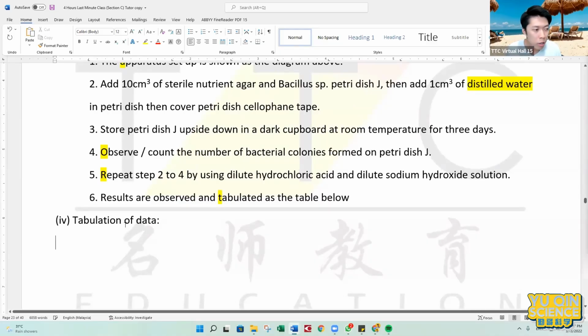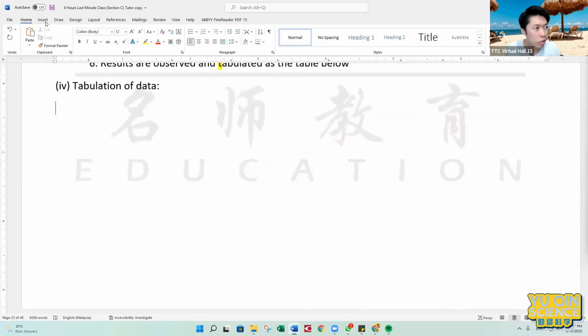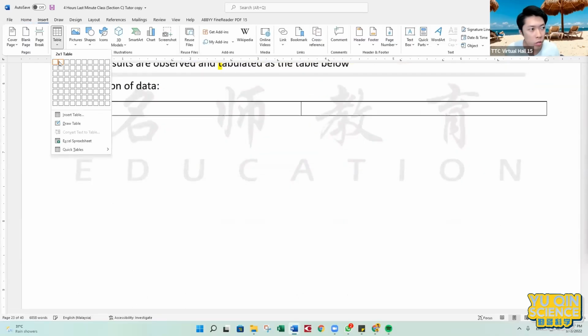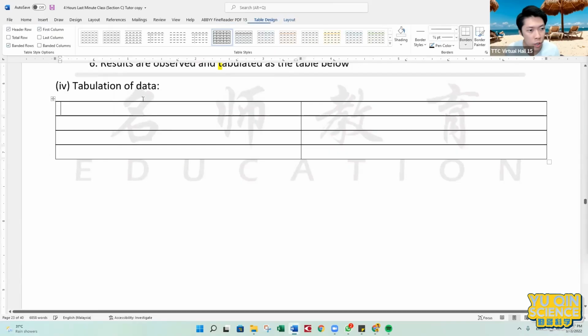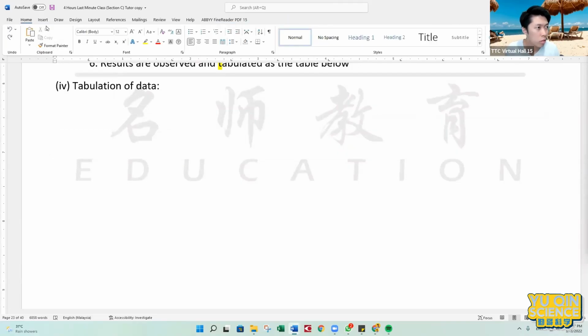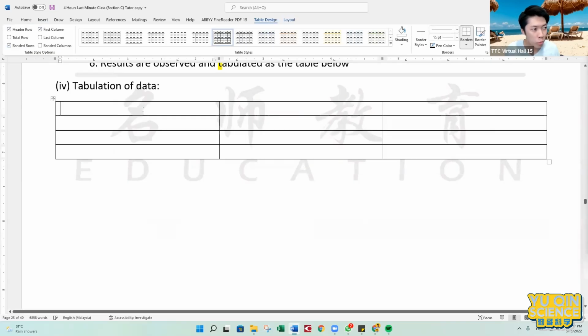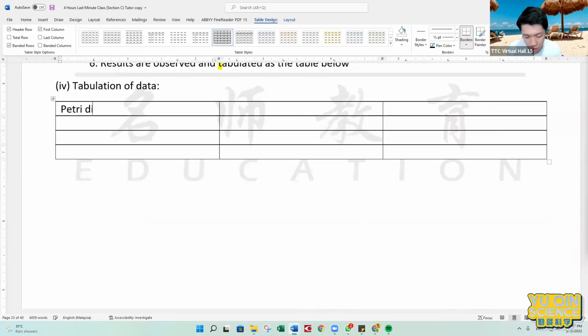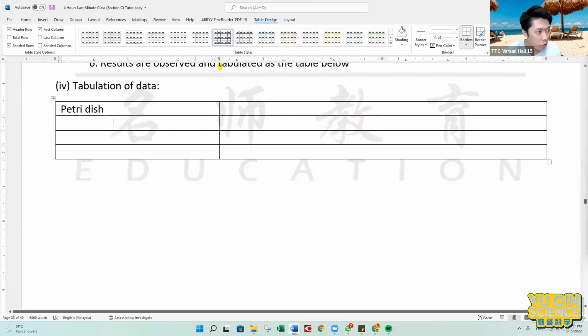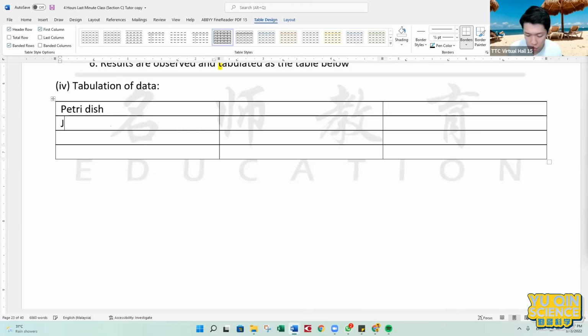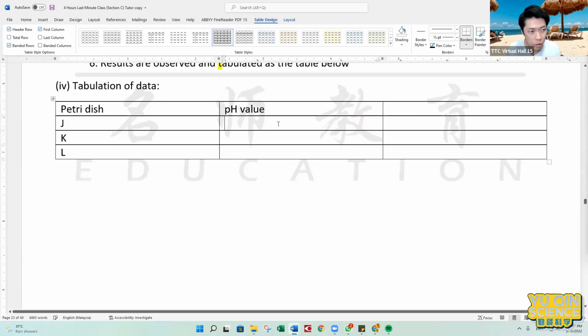Okay, draw a table. How to draw? You have 3 types, right? So 4 times 3. You can all draw this with me together. Petri dish: J, K, and L. pH value: J is 7.